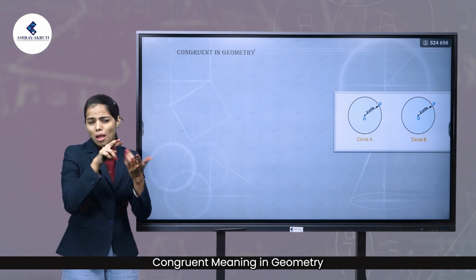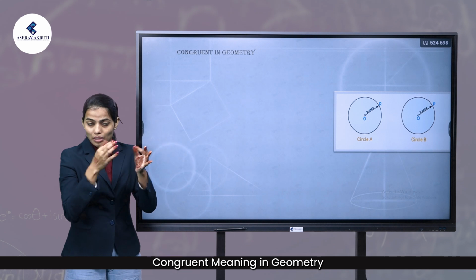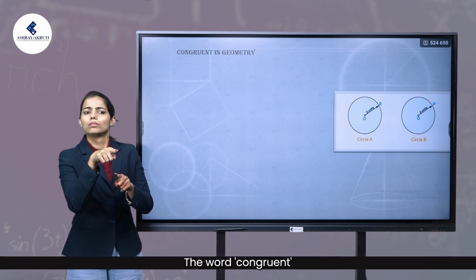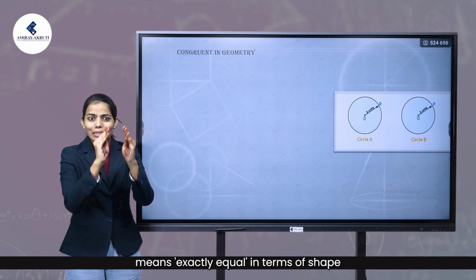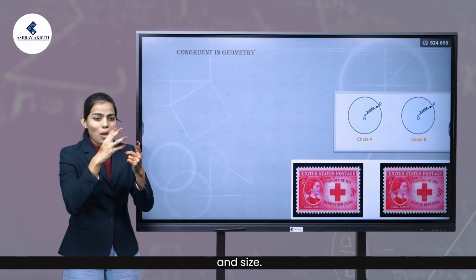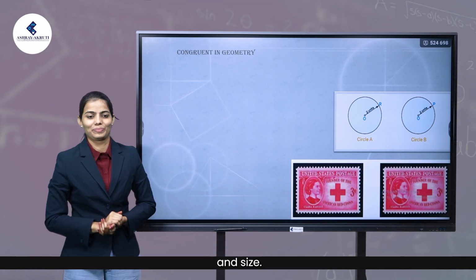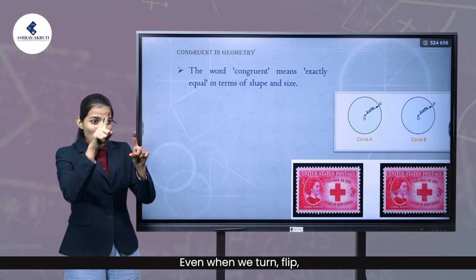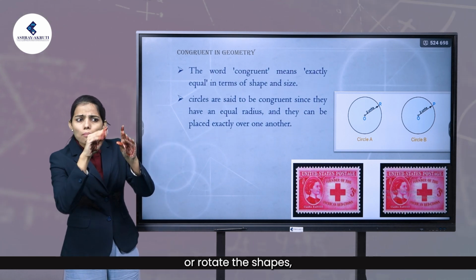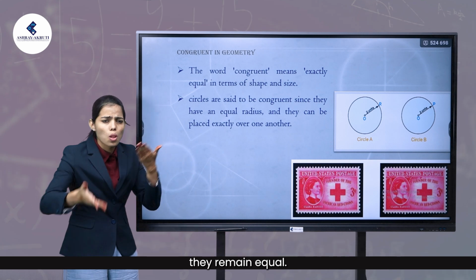Congruent meaning in geometry. The word congruent means exactly equal in terms of shape and size. Even when we turn, flip, or rotate the shapes, they remain equal.